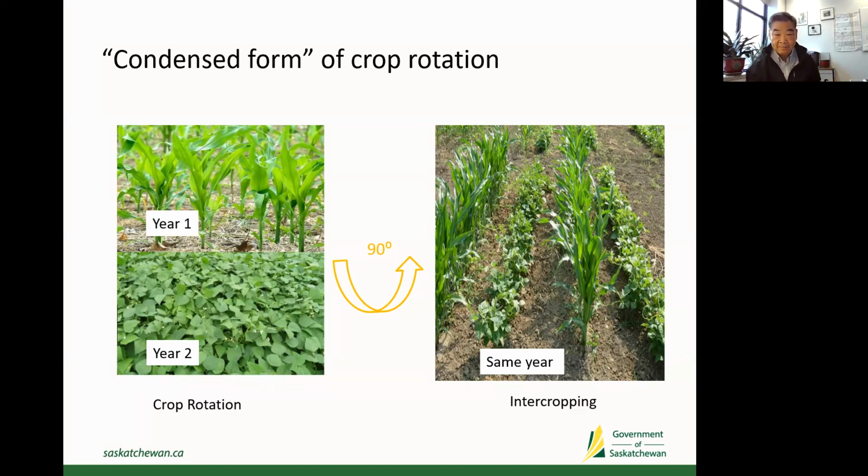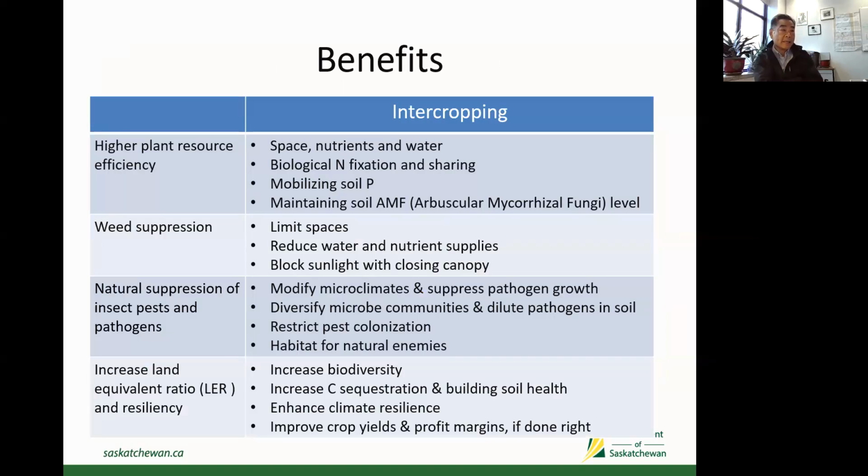So many of the benefits of crop rotation are also true in the intercrop situation, such as higher plant resource efficiency.